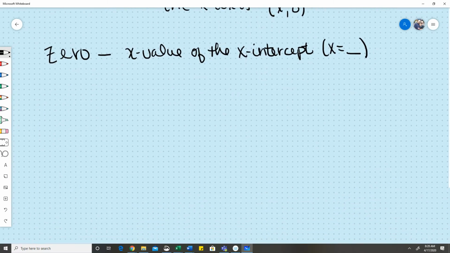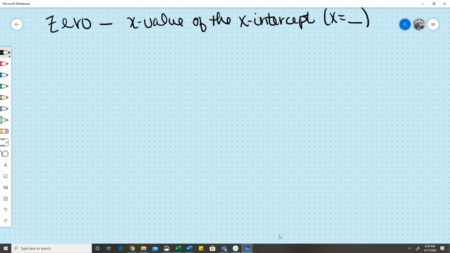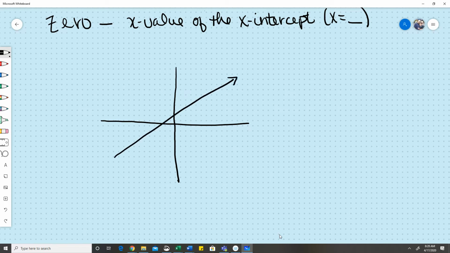Just real quick, I'll draw a quick sketch just to show you what I'm talking about when we use these definitions. I'll try to get a straight line here, as straight as I can. All right. So there's my linear function. Then my y-intercept is right here.